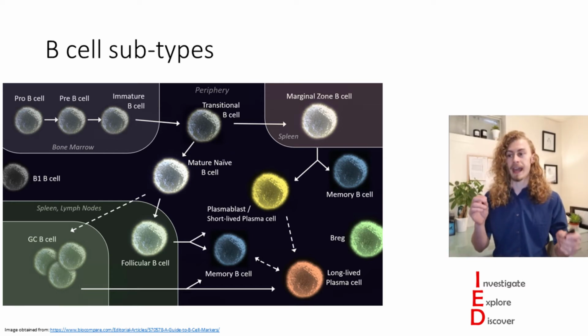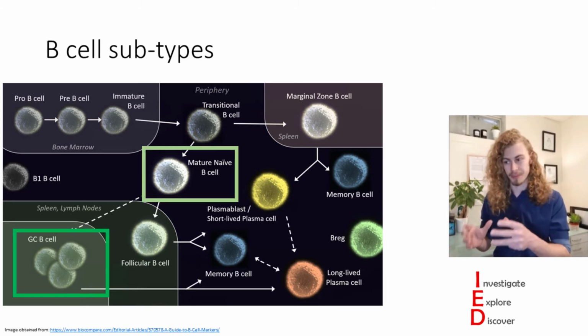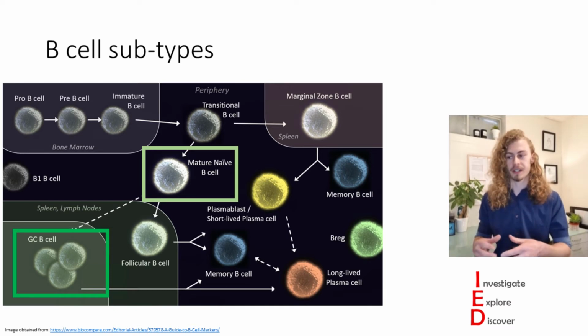So upon exiting the bone marrow, B cells are termed naive and can travel throughout the body. But when they travel to our secondary lymphoid organs or tertiary lymphoid structures, they enter something known as a germinal center and are creatively called germinal center B cells. In the germinal center is where mature B cells proliferate, differentiate, and mutate their antibody genes during a normal immune response to infection.